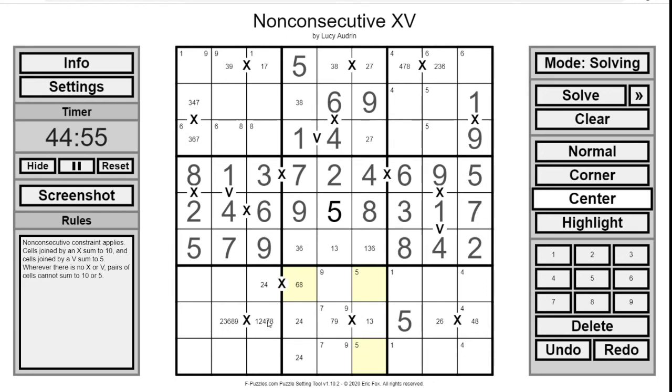Excludes this row. I have a 5 next to a 6. Come on.